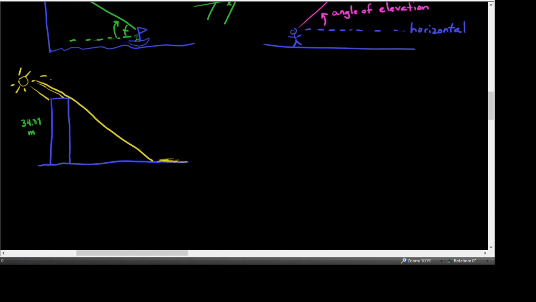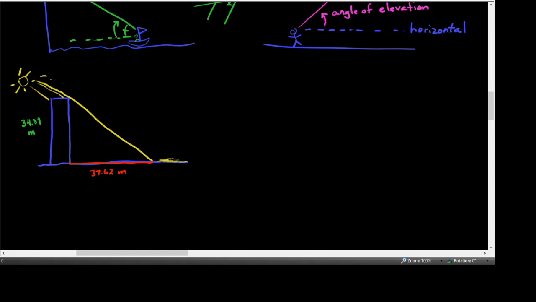So all of this is in shadow here to right there. And the length of that shadow, that is the distance from the base of the building to the tip of the shadow, is, according to them, 37.62 meters in length. Okay, well, as soon as I draw that, you see the right triangle, obviously.